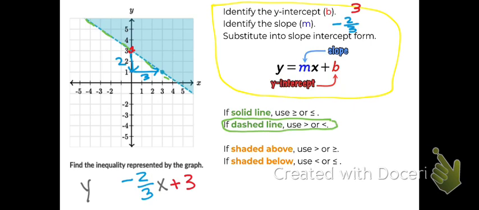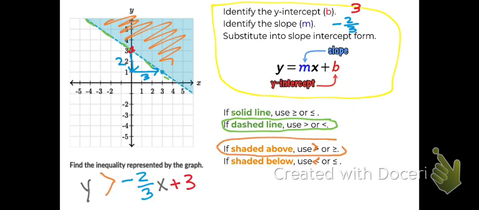And then as far as shading, if you shade above, it's greater than. If we shaded below, it would have been less than. So it is dashed, so there's no line, it's not equal to, and it's shaded above. So it would be greater than.